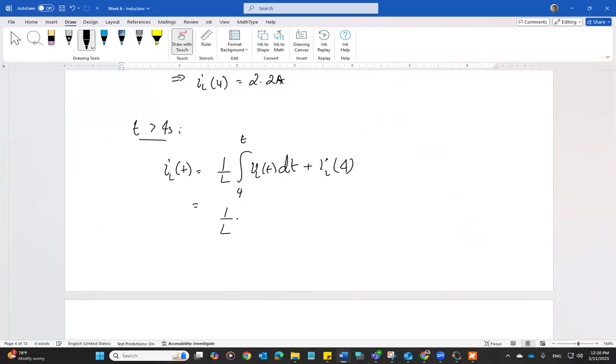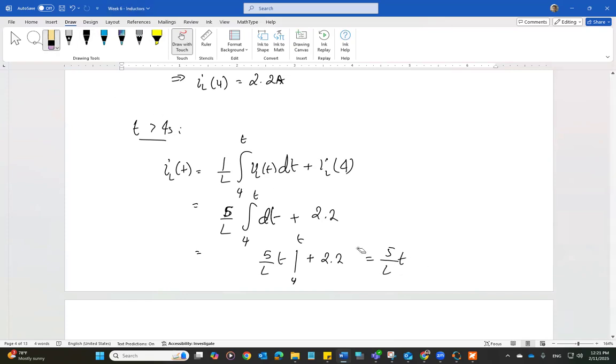So 1 over L, and I can put down 5 over L actually. 5 over L integral 4 to t dt plus 2.2, which will give us 5 over L t from 4 to t plus 2.2, which will give us 5 over L t. And L is 5, so I can just write down t.